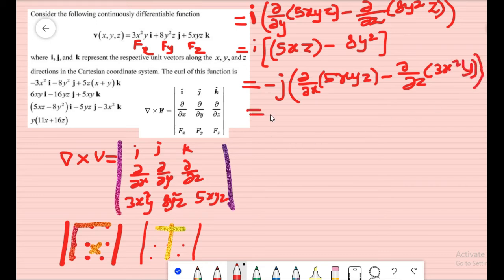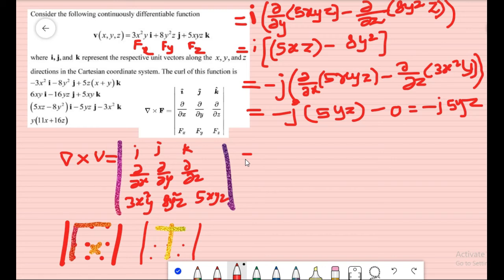So here minus j with respect to x, differentiation with respect to x, we'll get the result 5yz. Then here there is no z term, so we'll get 0. The second term is minus j 5yz.